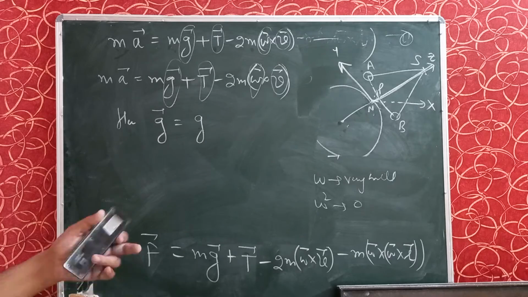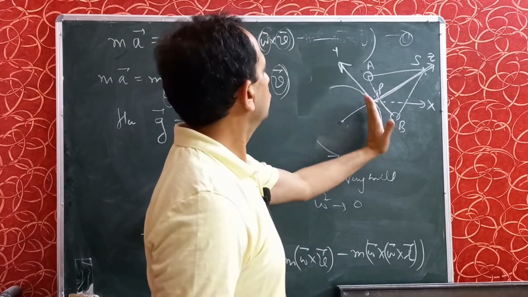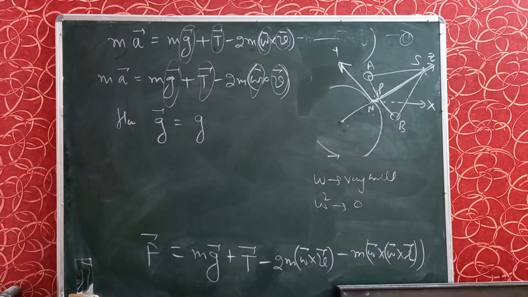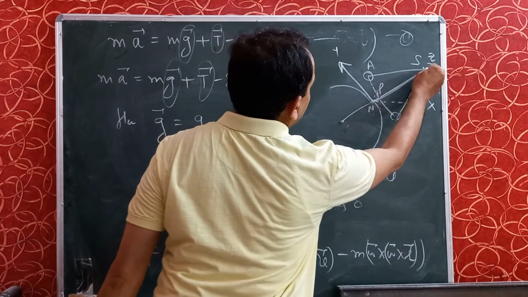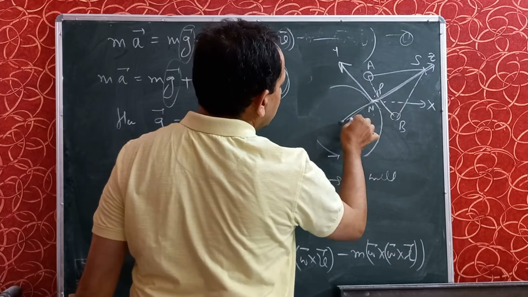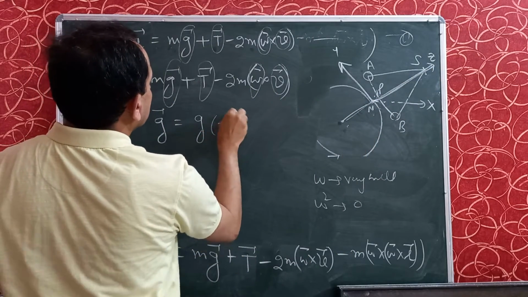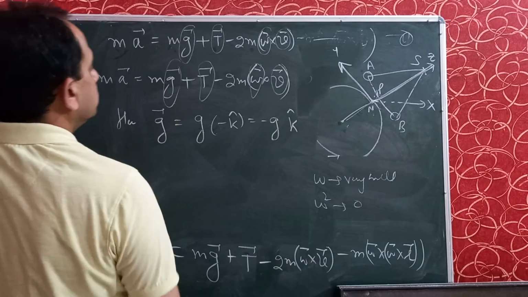The same coordinate system is used for Foucault's pendulum. Gravity acts in the negative Z direction, so it becomes G into minus K, that is minus G K. This is the value of G.